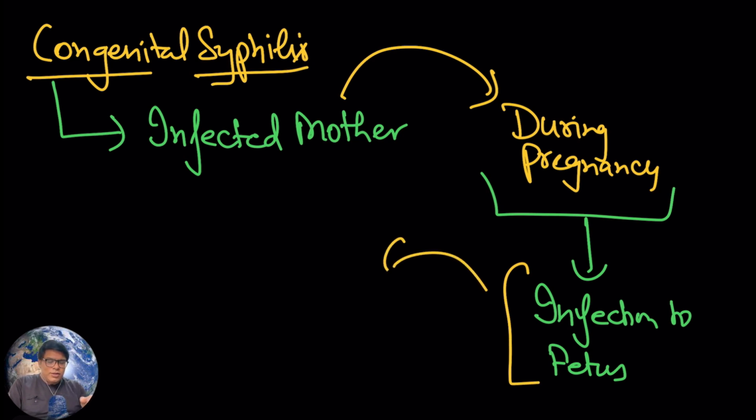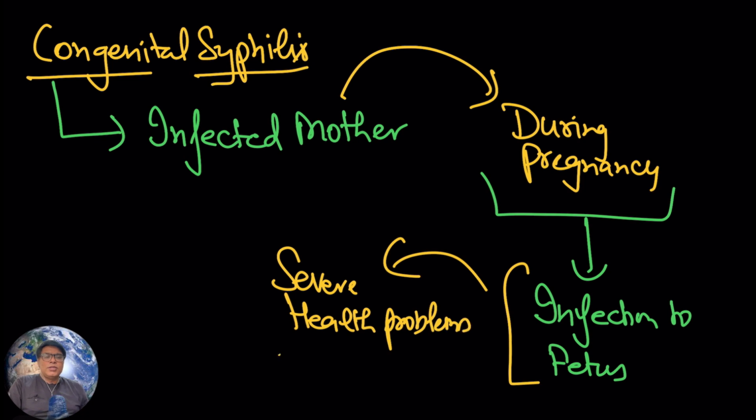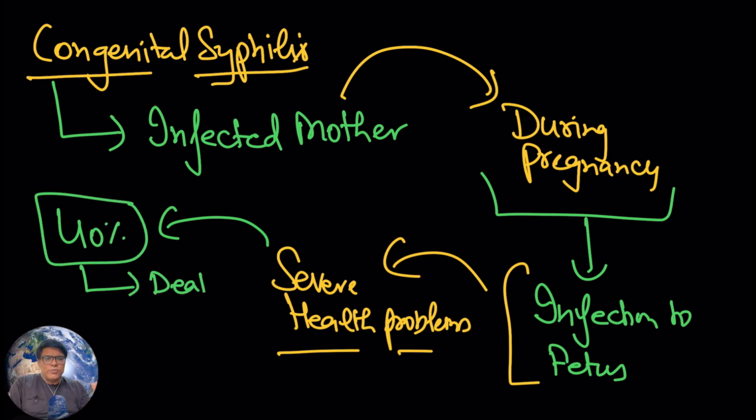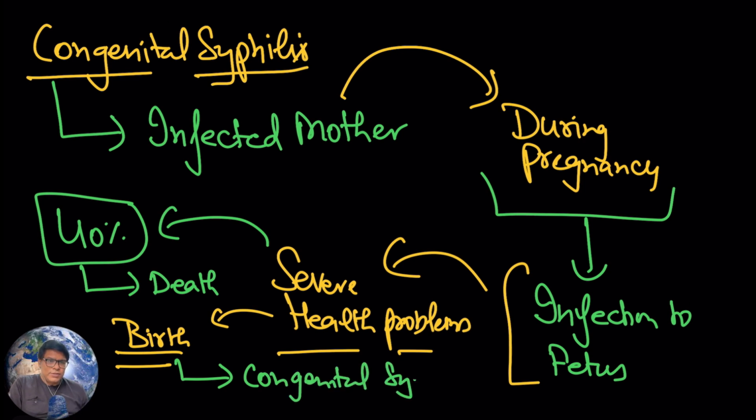So here if you see in the fetus, what are you going to see? You are going to see several health problems. In 40% of the cases, the fetus is going to die. But in the rest of the cases, if there is a birth, the baby is going to suffer from the disease congenital syphilis.